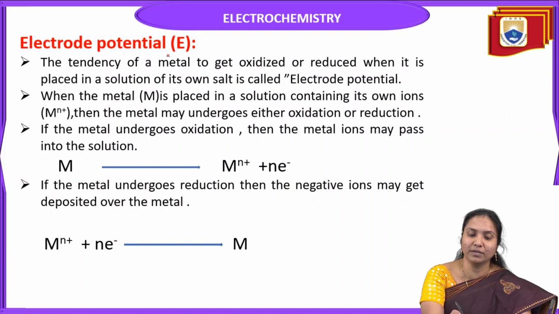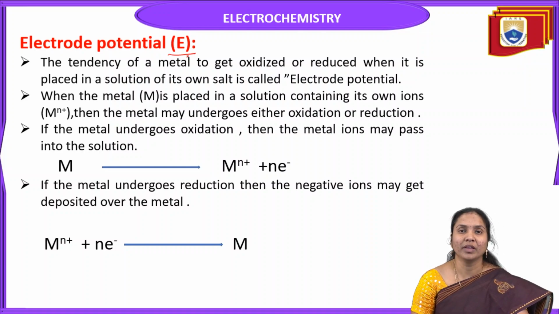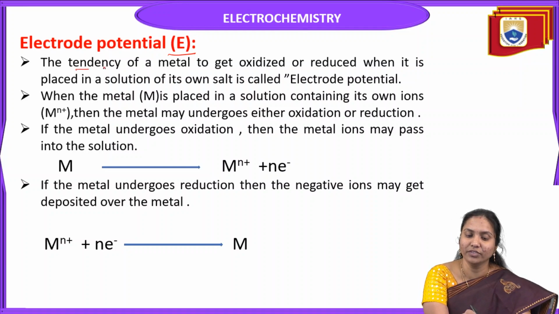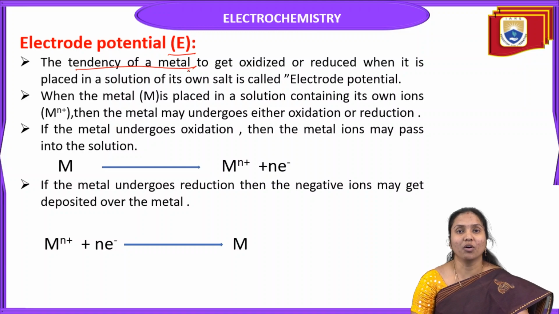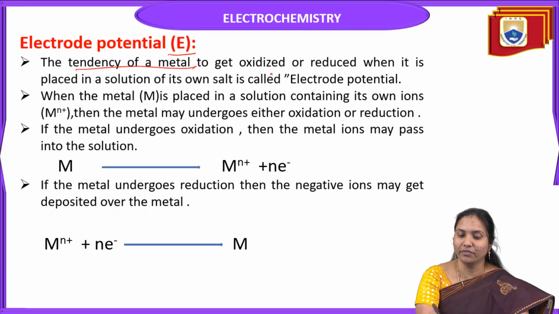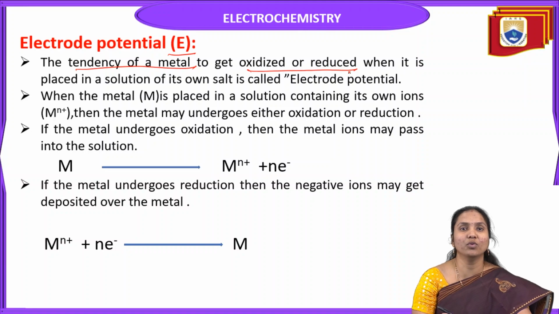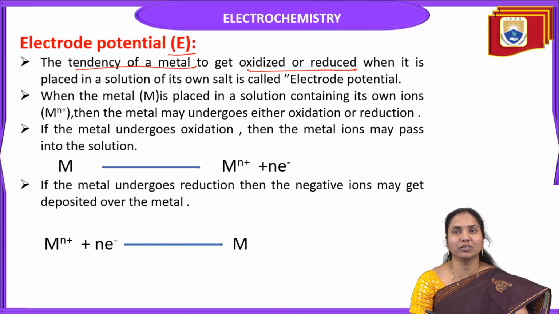It is denoted by the symbol capital E. So what is electrode potential? It is the natural tendency of a metal to get oxidized or reduced. Oxidized means undergoing oxidation, that is, loss of electrons. The natural tendency of a metal to get oxidized or reduced when it is dipped in its own salt solution is called electrode potential.